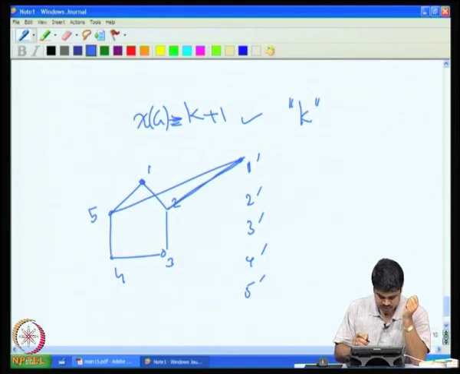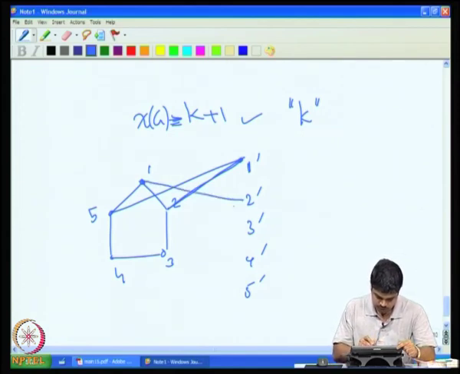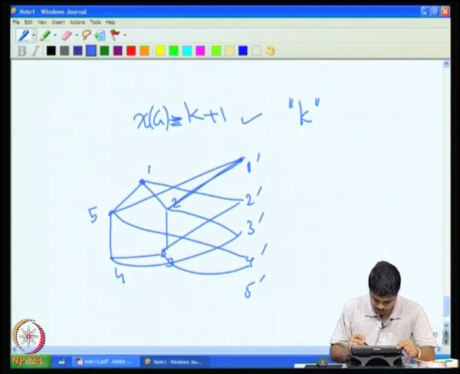This construction will give us a graph. For 1 dash, for instance, you can put 2 and 5, for 3 dash you can put 2 and 4, and for 4 dash you can put 5 and 3. So, for 5 dash you can put its neighbors.